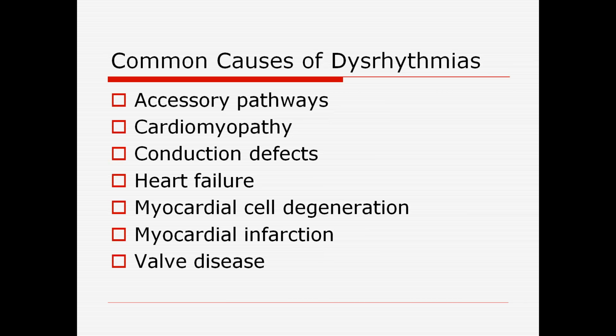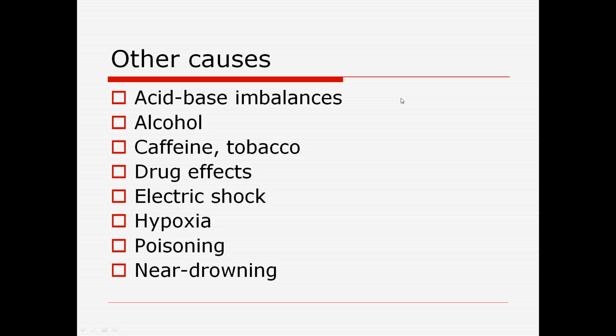Heart failure could cause dysrhythmia. An MI can cause a dysrhythmia. Valve diseases can cause a dysrhythmia. All different kinds of things can cause a dysrhythmia in your heart. We have an acid-base imbalance. If we had too much potassium on board, we would have peaked T waves.